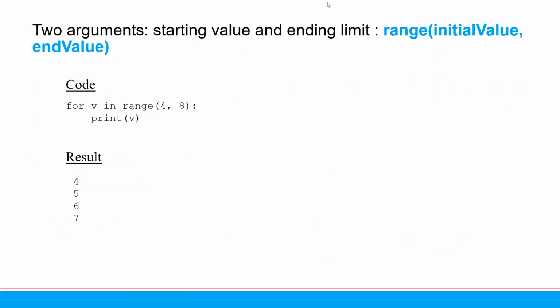So for example, in these 2 arguments, the initial value is 4 and the end value is 8. When we have the variable v in the range of 4 and 8, the result will be 4, 5, 6, 7. Why 7? Why not 8?